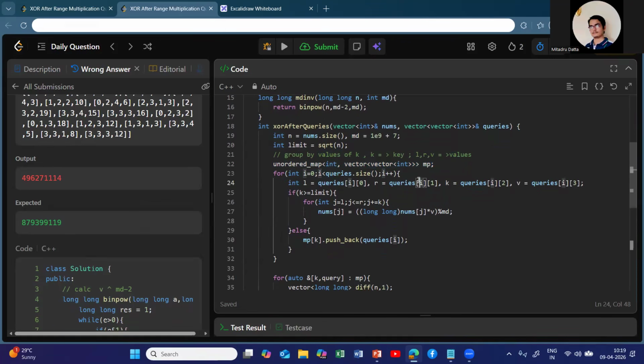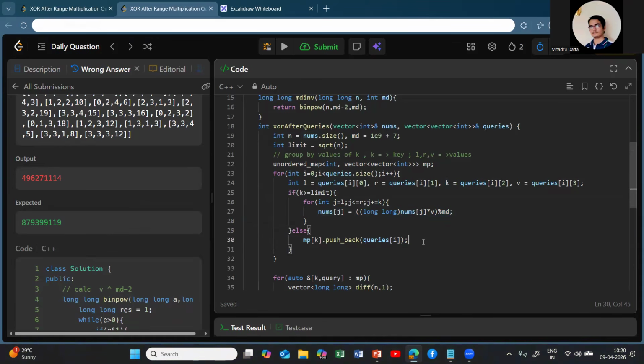After this, you iterate through all the queries and extract the L, R, K, V values. If K is greater than limit, you apply a simple brute force solution, where you simply multiply nums of j with that particular value.